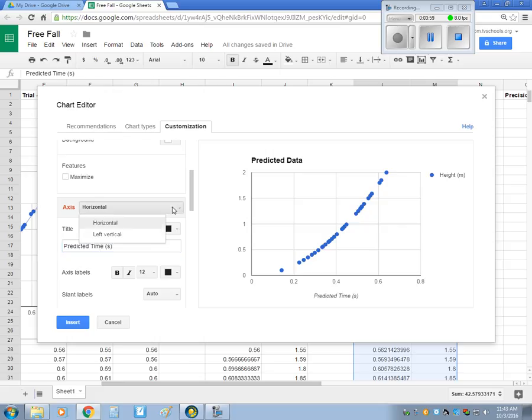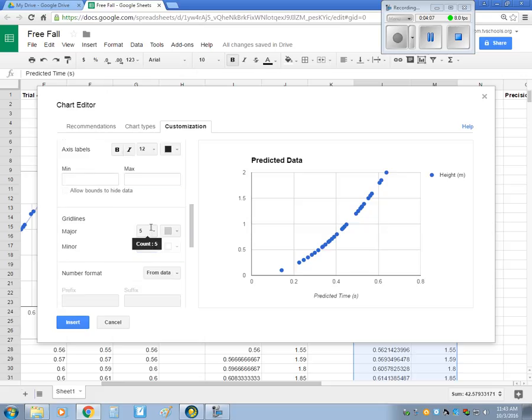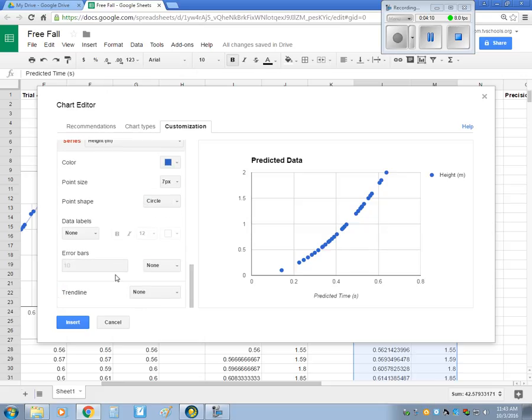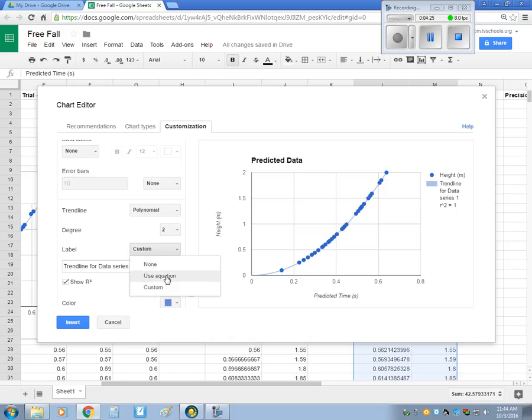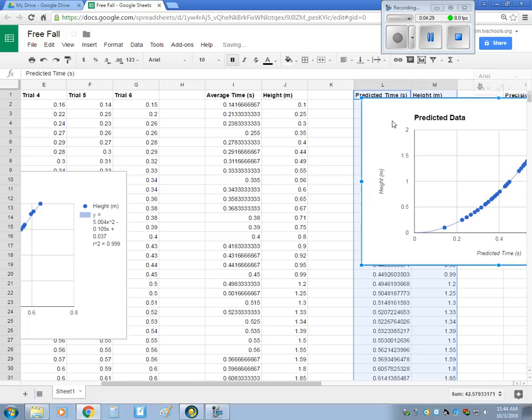Predicted time for my x-axis, and height measured in meters for my y-axis. Under trend line, once again, notice that the linear doesn't work out for this, so polynomial. The r squared value is 1. I should get 1 since I'm using the formula, getting predicted values. Use the equation for the label, and we can go ahead and insert.